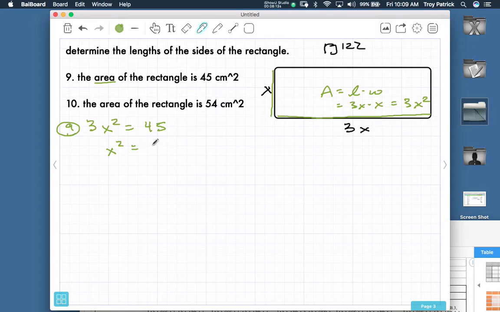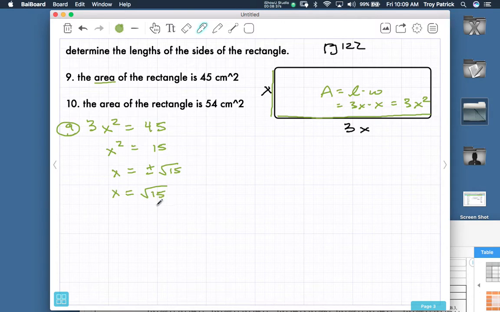Divide by 3, and take the square root, plus or minus the square root of 15. Great. So we have a positive square root of 15 and a negative square root of 15. Because we're dealing with distance again, only the positive part will matter, because the negative one doesn't make sense. Distance isn't measured in negative units at all.